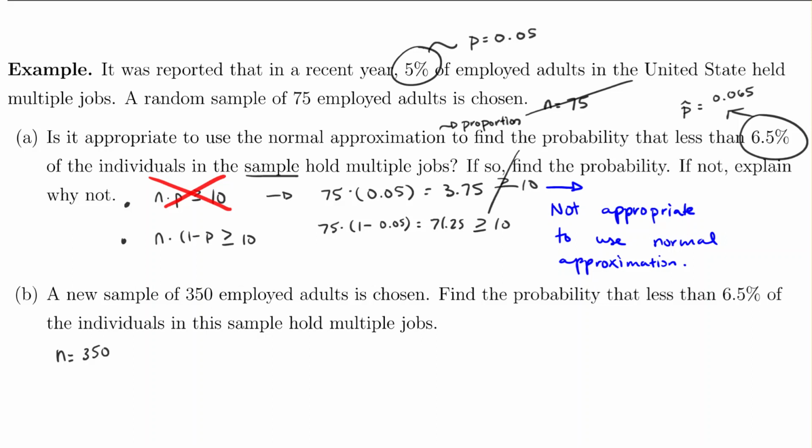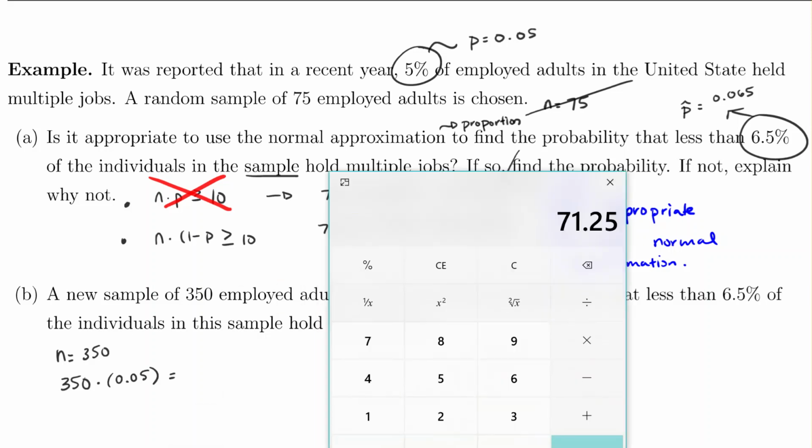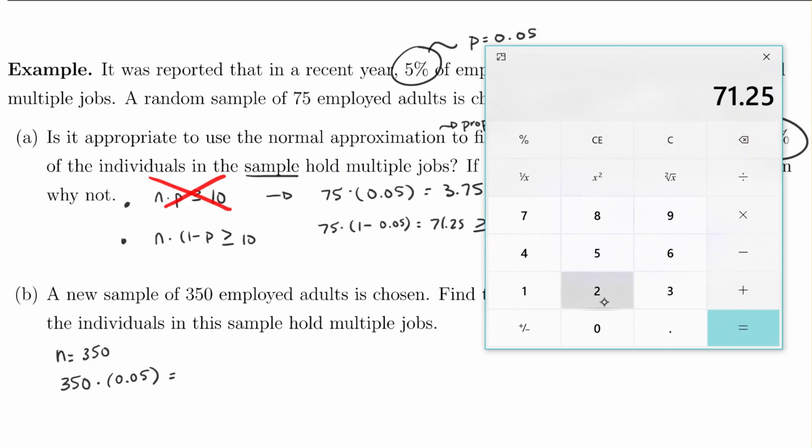To check if it's approximately normal, we need to repeat our process from part A, but with my new sample size value. 350 times the population proportion of 0.05. I need that to be greater than or equal to 10. 350 times 0.05. That is 17.5. That's greater than or equal to 10.